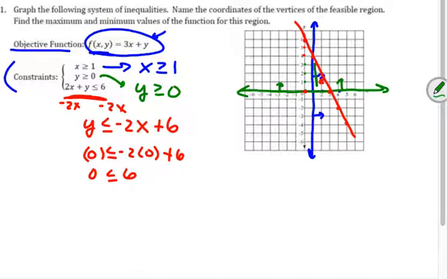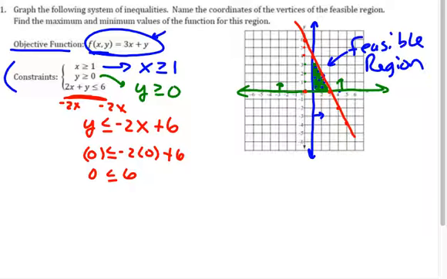So here is what we'd call a feasible region. We found our feasible region. This is about 50% of the work. For this particular problem, all these points inside here would be a solution. But the points that are going to generate your maximum or minimum are going to be the vertices.